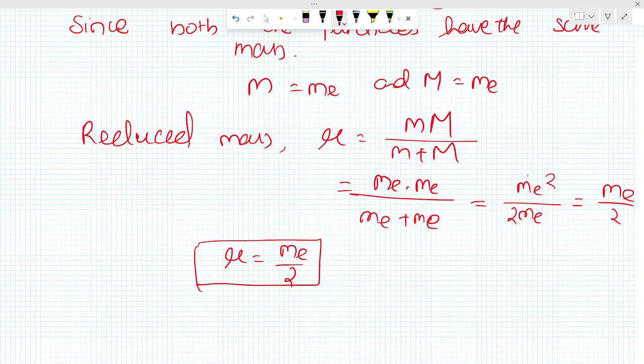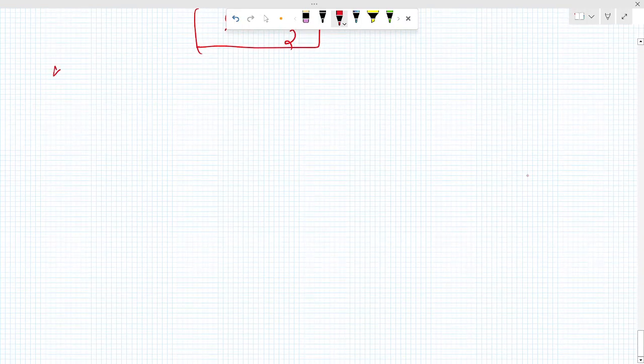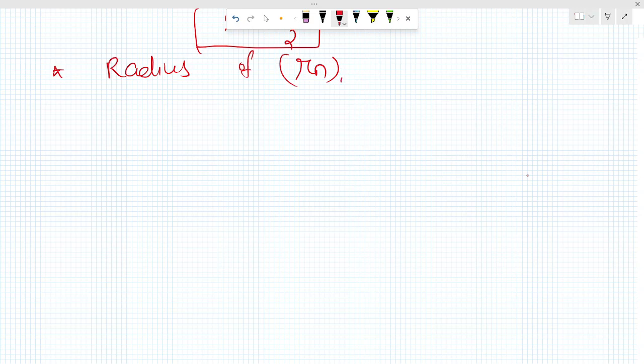One more thing about the positronium atom, which sometimes comes in exams like CSIR NET, is the radius of the positronium atom. r_n of positronium will be equal to 2 into r_n of the hydrogen atom.